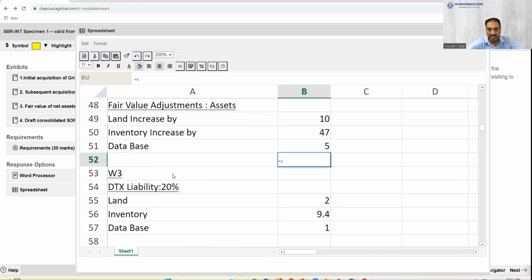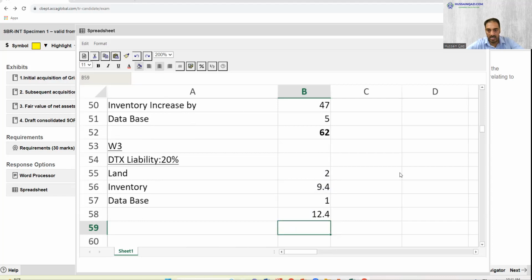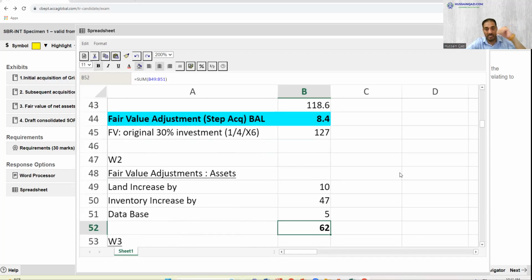You have to make a sum here. Okay. So, hello, all of you are with me. You must be with me. That's very important.